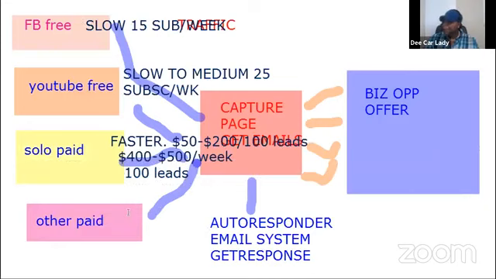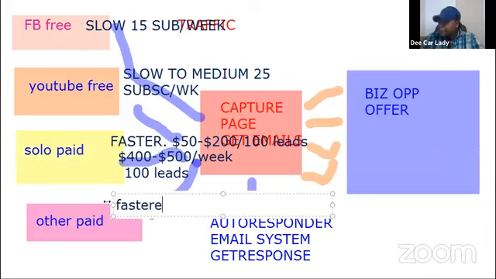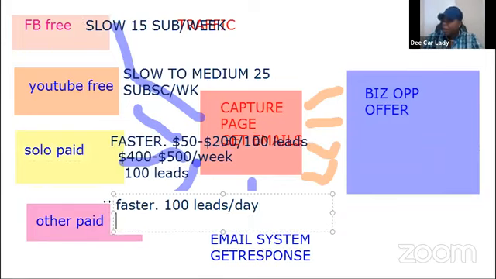Now, then you have other paid sources, which can vary, but I'm going to tell you about a particular paid source that actually comes in faster, because it's paid traffic. It allows you to get 100 leads per day, which winds up being 700 leads per week.